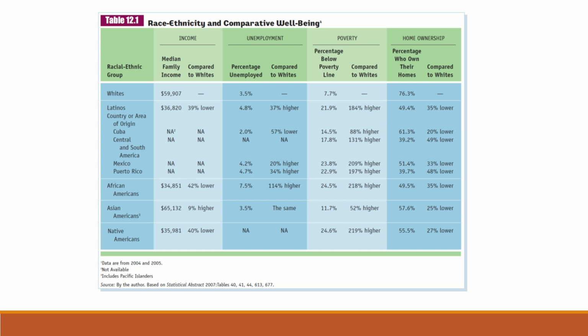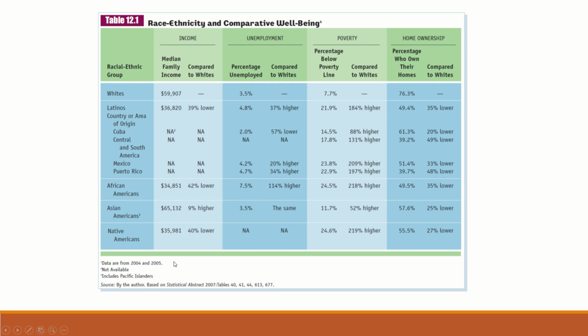And you can see the percentages here being quite different in terms of how well they're doing, their well-being. Look at income, for example. You can see that Latinos are 39% lower than whites, African Americans 42% lower, Asian Americans 9% higher, Native Americans 40% lower. You can do the same thing with unemployment and poverty and home ownership.